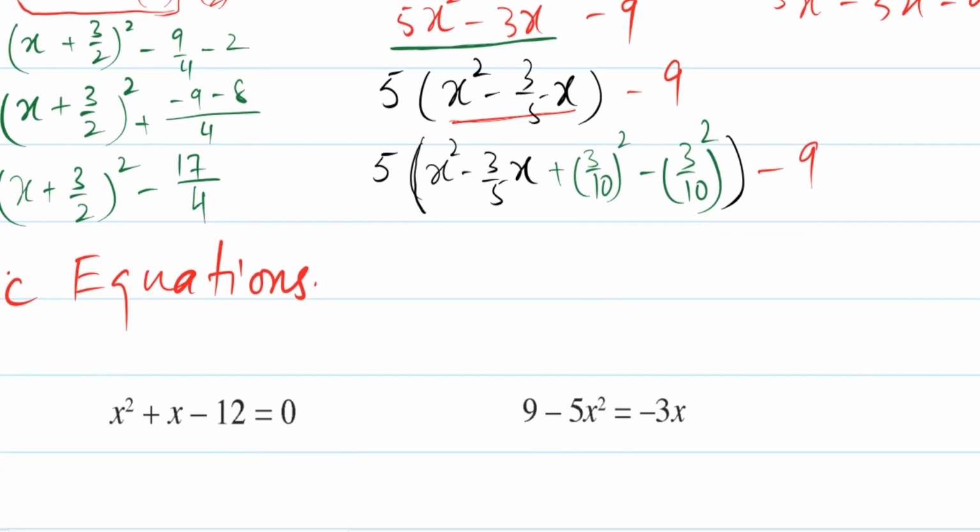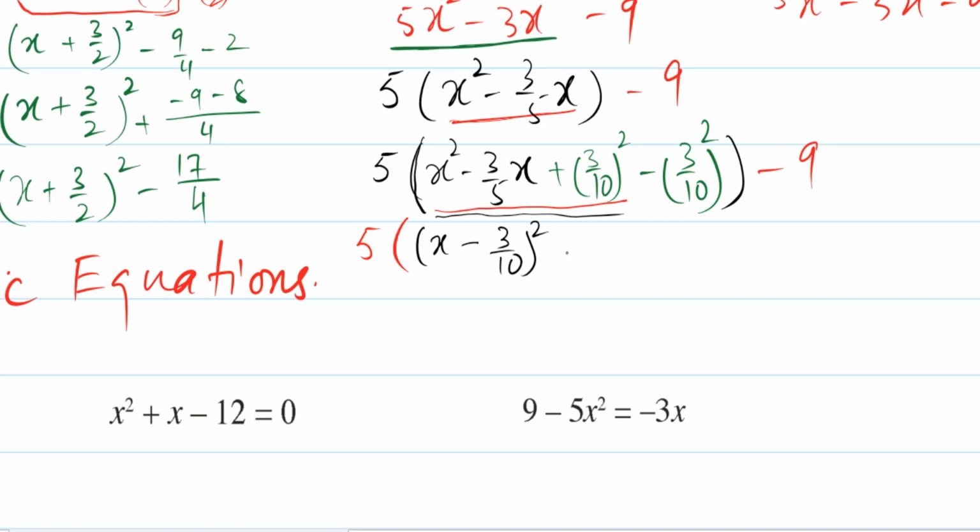In the next step, the first 3 terms within the bracket have become a perfect square. Means these 3 terms are the expanded form of the perfect square. This 5 will remain as it is. These 3 terms can be written as x minus 3 over 10 whole square, which is the simpler format of the first 3 terms.